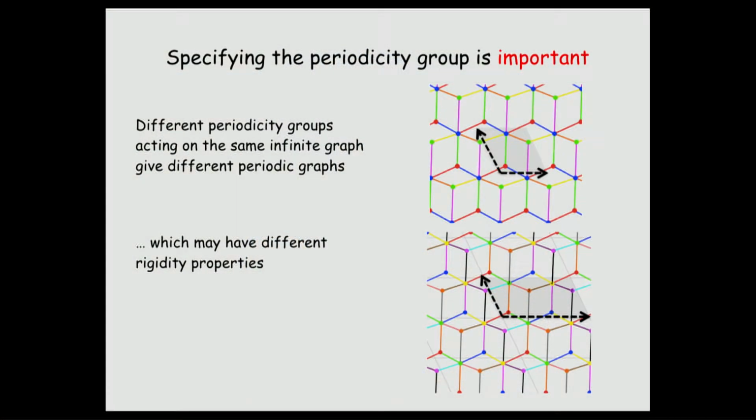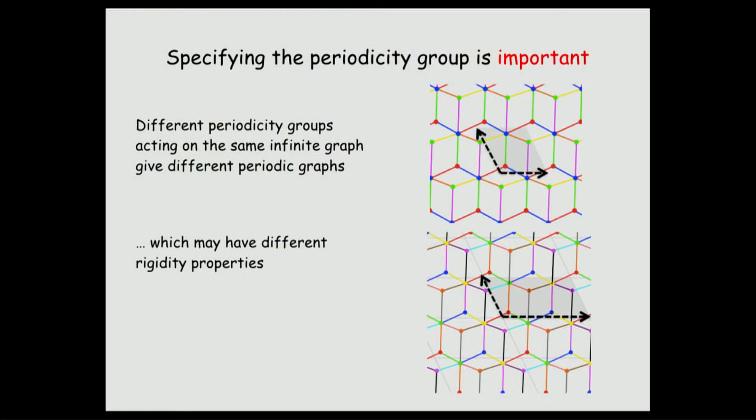When I showed you the infinite graph without telling you which atoms are in the same orbit, it was not sufficient. Because I could choose this as the unit cell, or I can relax periodicity and have a larger unit cell. And you see here I have more vertices and more edges in the quotient graph. And they may have different rigidity properties.